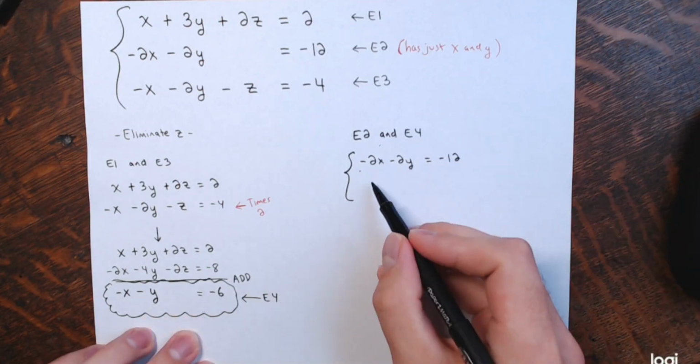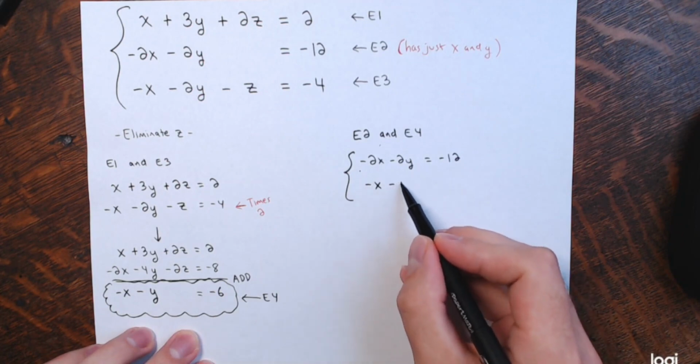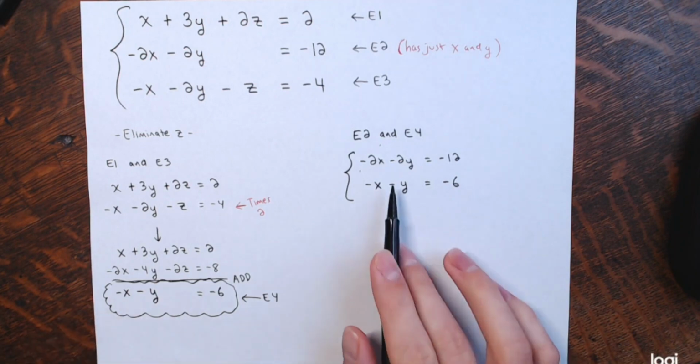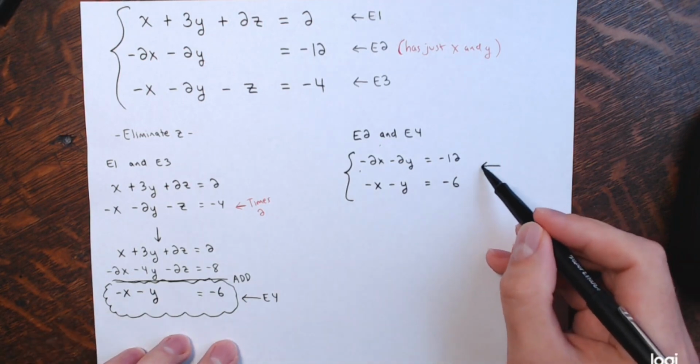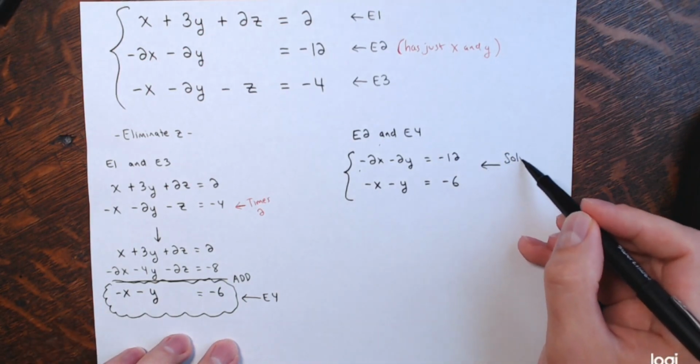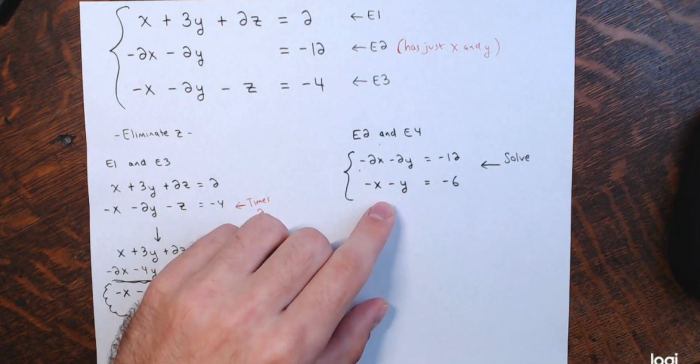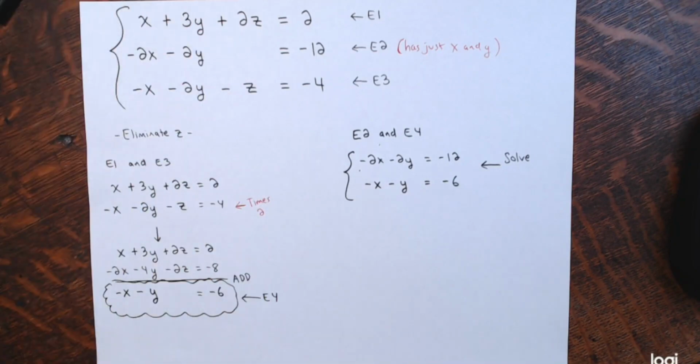Equation 4 here is negative x minus y equals negative 6. And now I'm going to solve this system for x and y if I can. And if this has a solution in x and y, then I can go back to one of the original equations, equation 1 or equation 3 that has z in it, and solve for z.